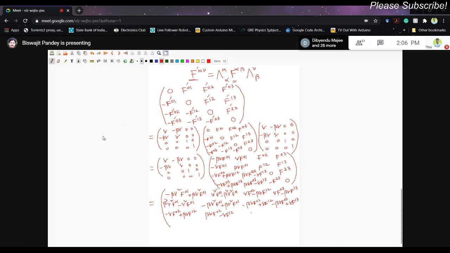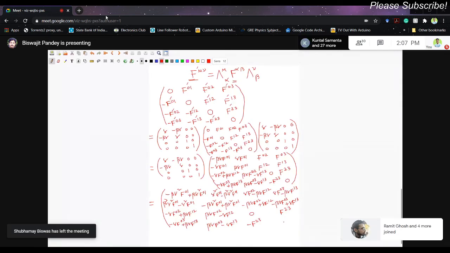This will be 0, this will be f23, and this will be again minus of gamma f03 plus beta gamma f13. The second one will be beta gamma f03 minus gamma f13. This will be minus of f23 as usual, unchanged, and this will be 0.